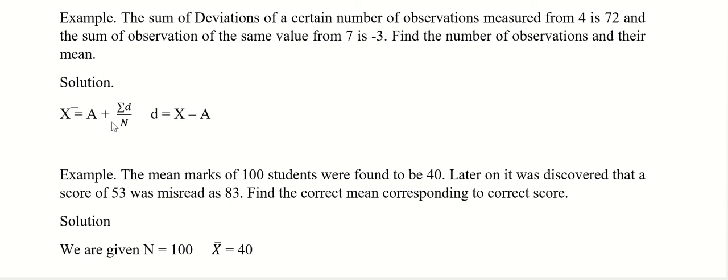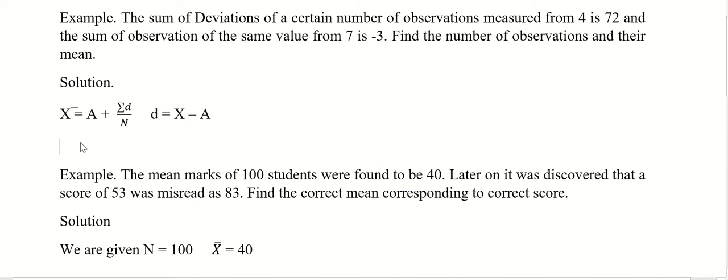Second is the deviations formula, which is x minus A, the observation minus the assumed mean, right? So these two formulas are already given to us, and in these we will apply different values. So what values can we apply?